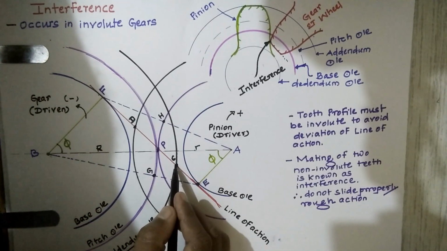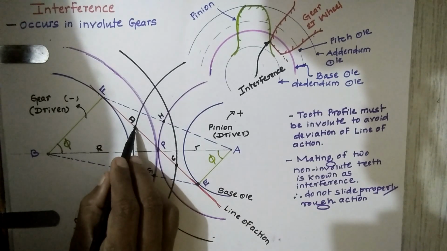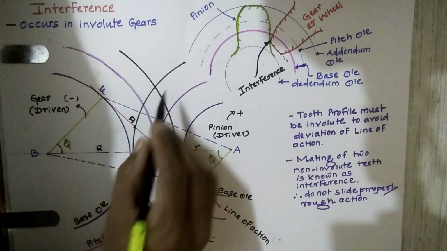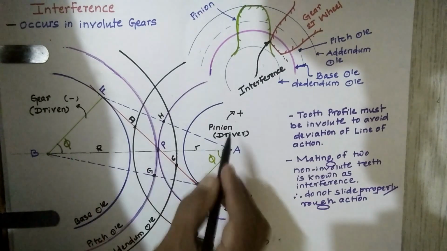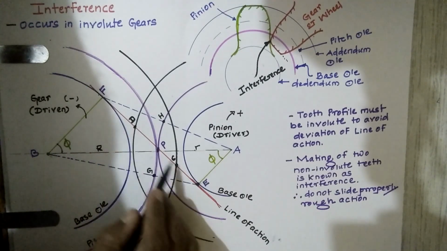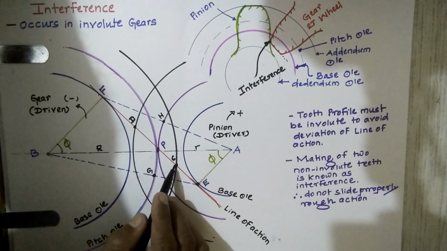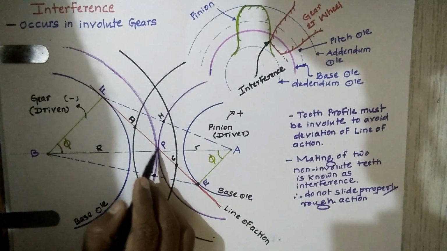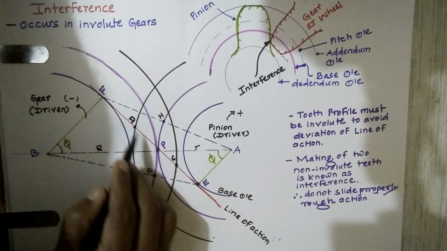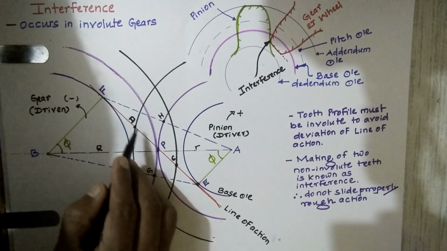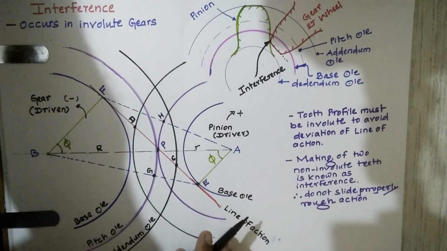That is the point of contact. Point of disengagement I have taken as D. This is the intersection of the line of action and the addendum circle of the pinion or driver. This is the point of disengagement. C is the point of engagement. P is the pitch point. The CD they will call the path of contact.